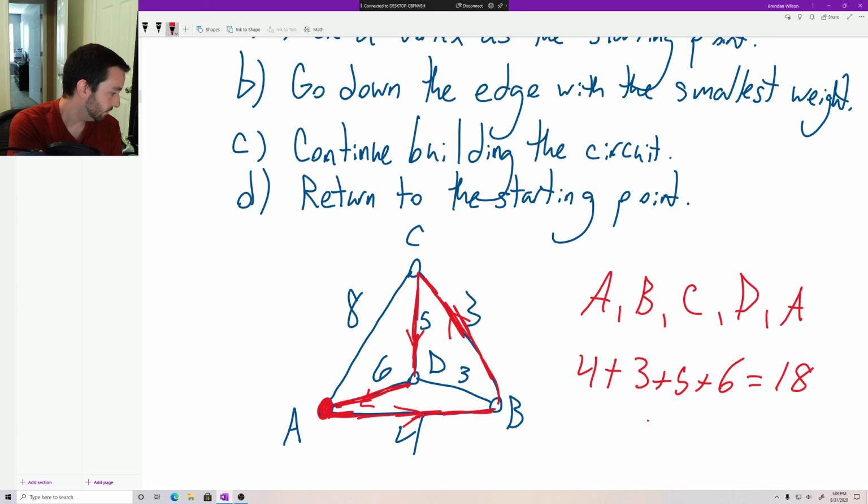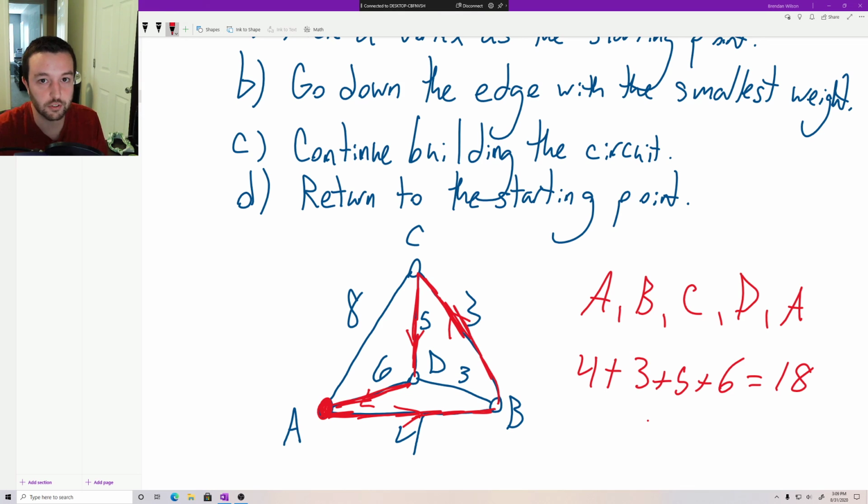Okay. So the thing with the nearest neighbor method is that it will give you an efficient path. It just might not give you the optimal path every time. Here it did, but if we would have made the choice to go to D instead of going to C first, we would have ended up with 20, which is efficient.